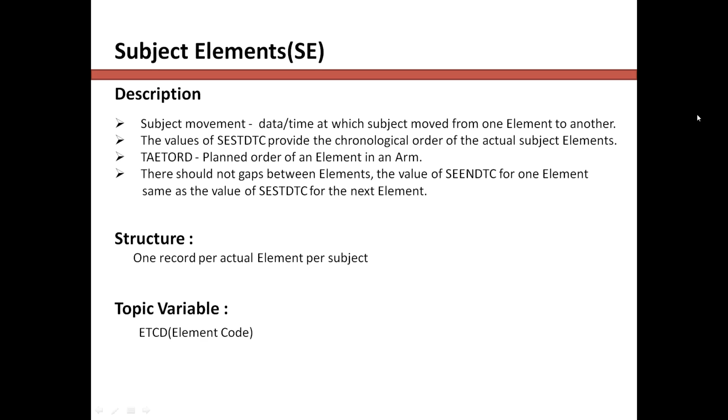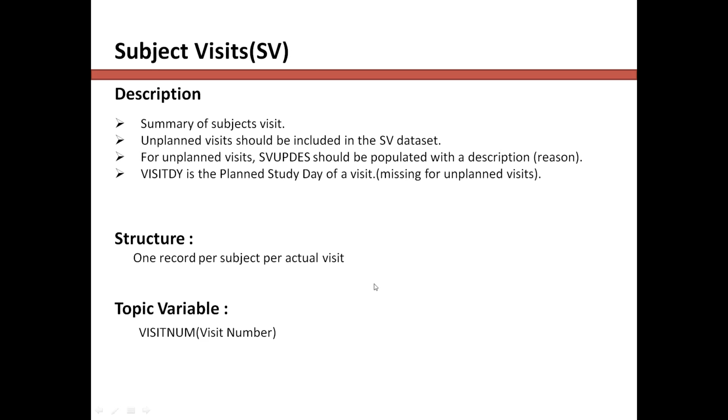There should not be any gap between the elements, like subject element start date and end date. The structure of the subject elements is one record per actual element per subject, and the topic variable is element code.